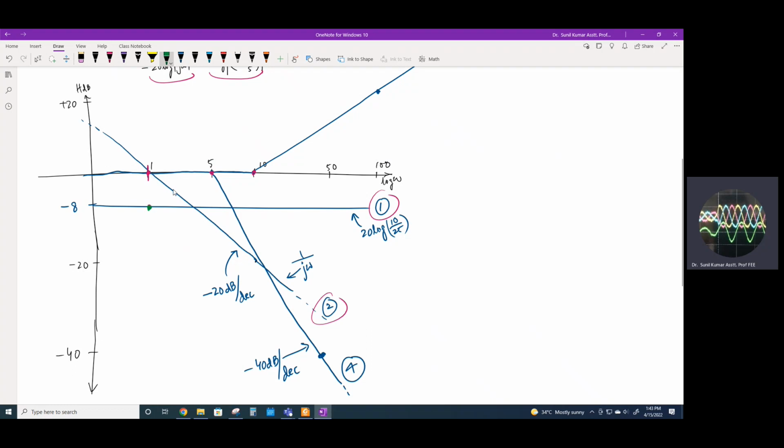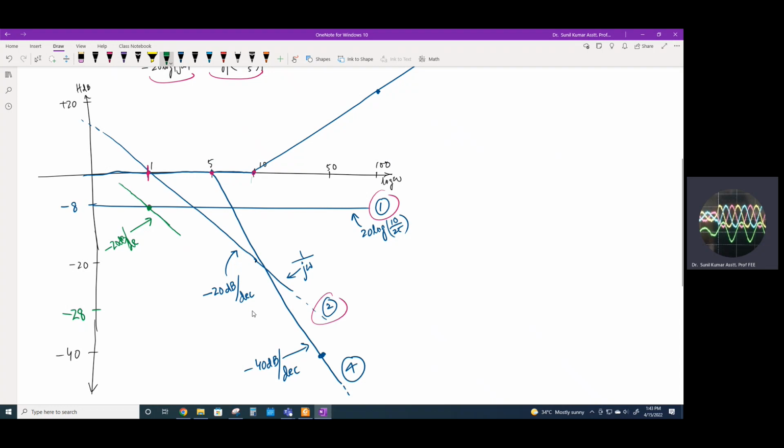That means this line number 2 is basically shifted downwards due to this constant horizontal line. Okay, and its slope will be minus 20 dB per decade. That means at omega equals 1, its value is minus 8. So at omega equals 10, its value will be minus 28. So let's suppose this value is minus 28.